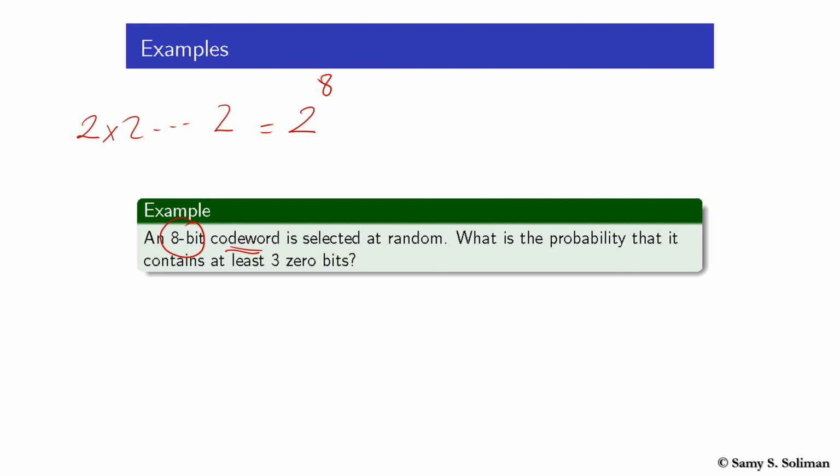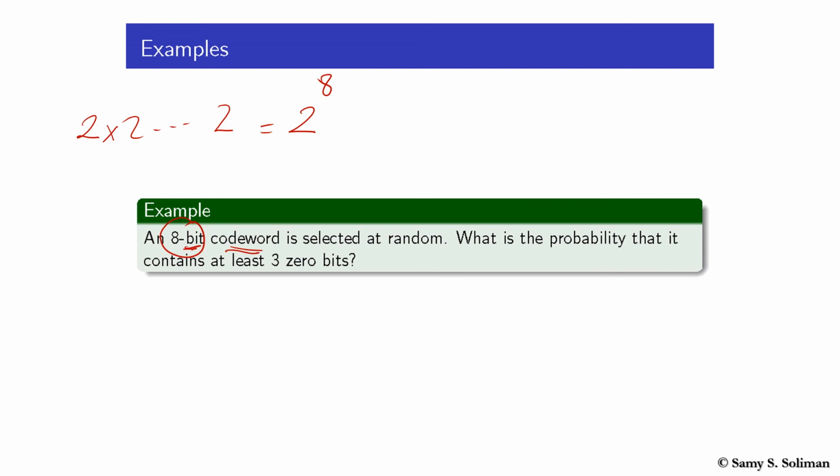However, that will be a large number. 2 to the power 8 is not a small number to list all the possible combinations, and it might become even more difficult if those are not bits, if those are, for example, decimal digits, in which case we will have 10 to the power 8 possible numbers. So we have to use one of the counting techniques instead of listing the possibilities.